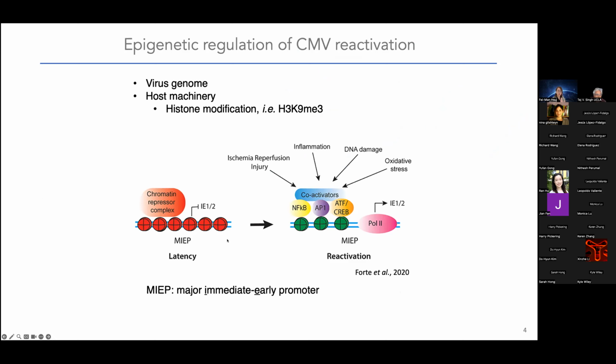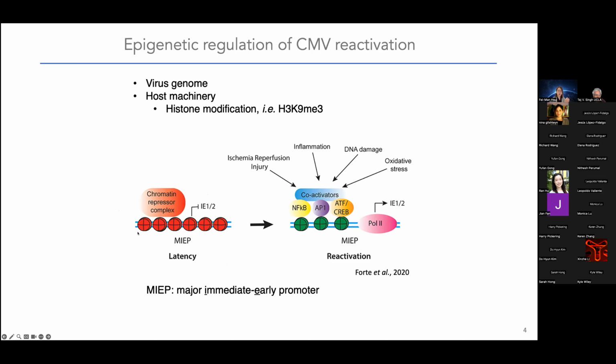Here, you can see in this graph there are several circles in red or green. These are histones. You see there's a group of promoters, MIEP for short, which is the major immediate early promoter. They show different features when CMV is inactive, which means latency, or in the active lytic phase.